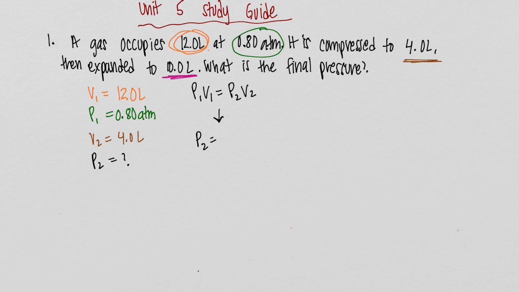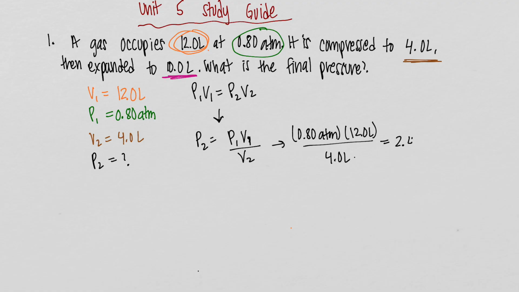So if we rearrange the formula, we have this, which means we have 0.80 times 12.0 divided by 4.0 liters, and that gives us 2.4 atmospheres.